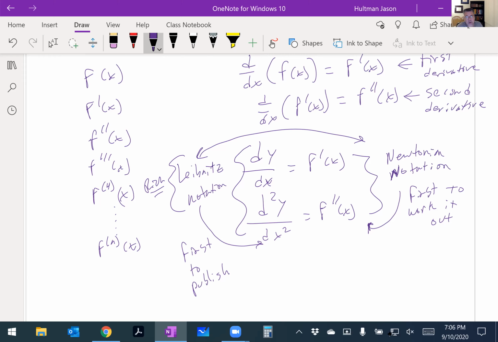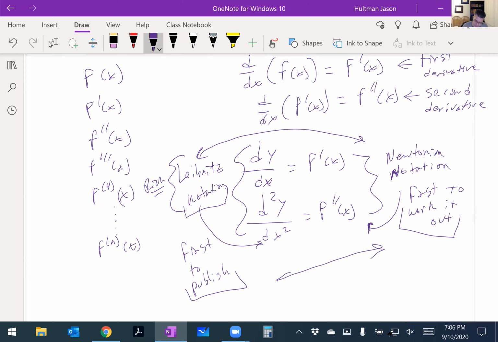Newton, however, was very poor. He was a very poor professor at Oxford University in England. So even though Newton came up with calculus first, Leibniz had all the connections, and he was the first to publish.